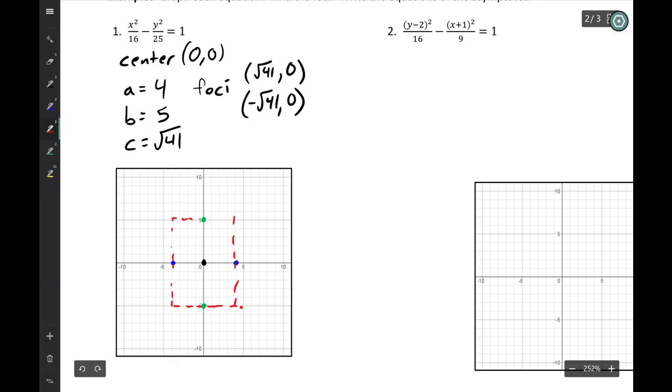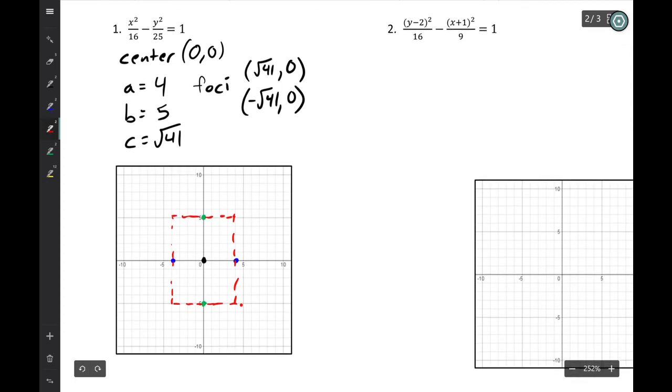And the nice thing is, my asymptotes are just going to be my diagonals. So let's do this in red. This right here is an asymptote. And then this right here is also an asymptote.